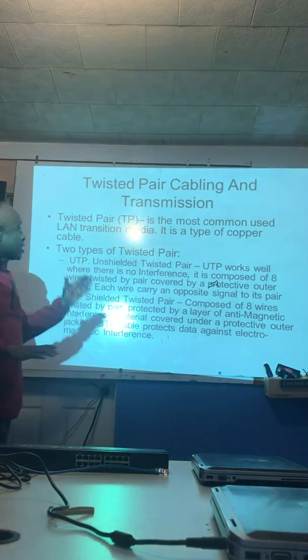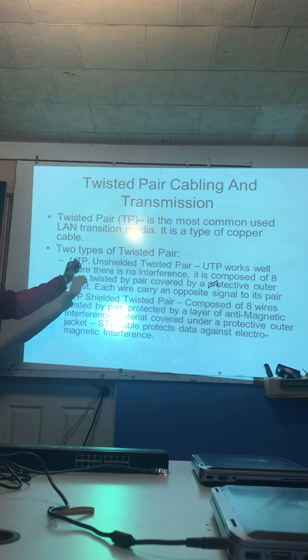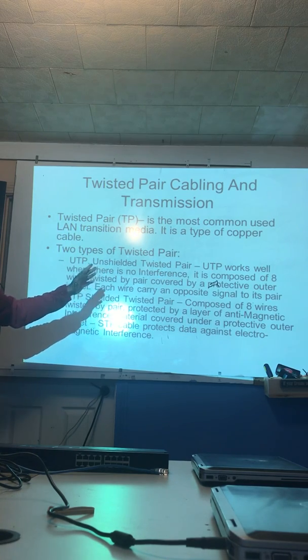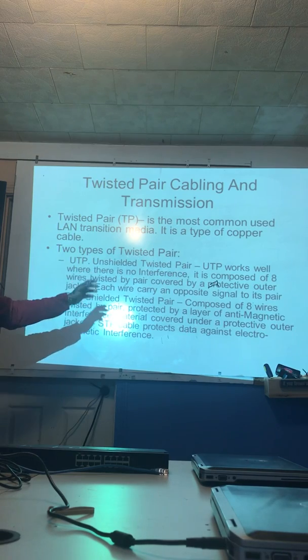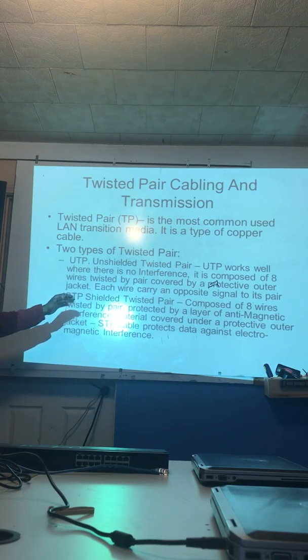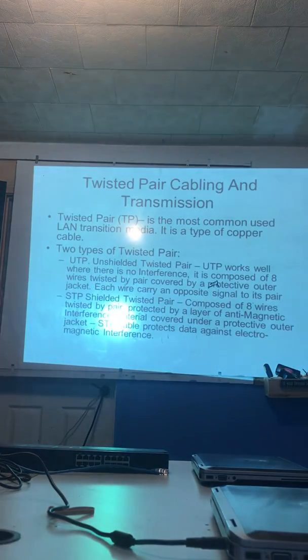So this is something that you must know. The UTP cable, unshielded twisted pair, is used for Ethernet connections, but if you are running this cable in a place where there is a lot of EMI, or electromagnetic interference, you must use the other type of twisted pair, which is the shielded twisted pair.